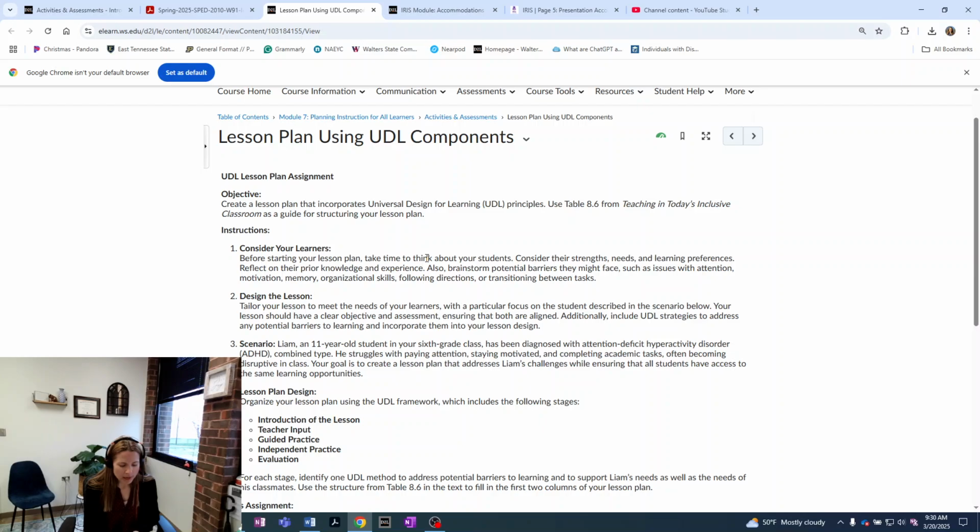So if you're looking at table 8.6, you're going to see that it's going to look at the UDL procedures and materials, but it's also going to look at what are some possible barriers that you need to be mindful of? What are those UDL methods that I might want to use? So go back. You might even want to pull up your Module 2 assignment to see kind of what you did there.